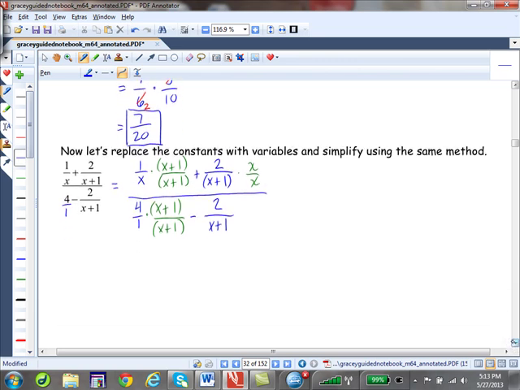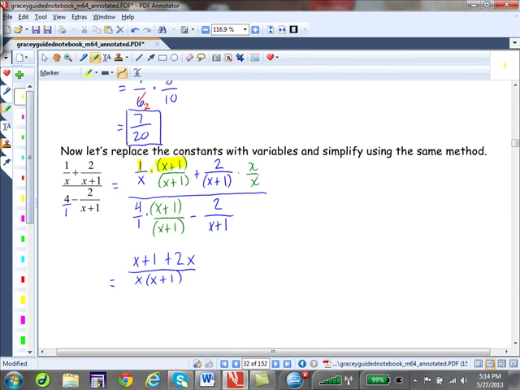Okay, so here we go. This is going to give us 1 times x plus 1 is x plus 1, and then plus 2x, over x times x plus 1. This is how I matched everything up. I usually do the first one in yellow, don't I? I'll be consistent here.